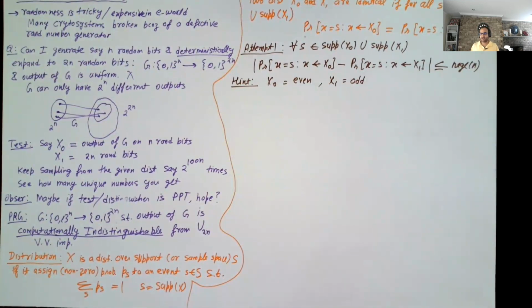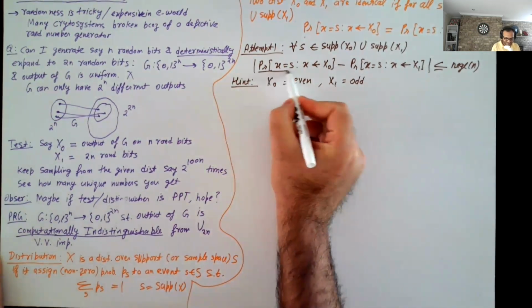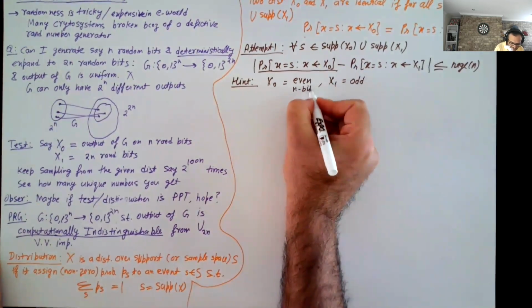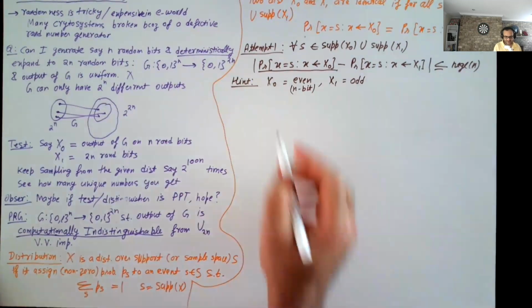Let's say n-bit even and n-bit odd numbers. So what is this probability? Let's say an even n-bit number and an odd n-bit number. So what is this probability?